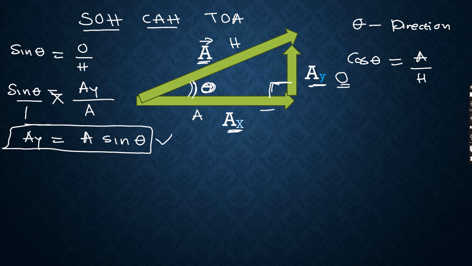Now let's go ahead and find the formula for the x component. Since the x component is the adjacent, we are going to use cosine theta, adjacent over hypotenuse.